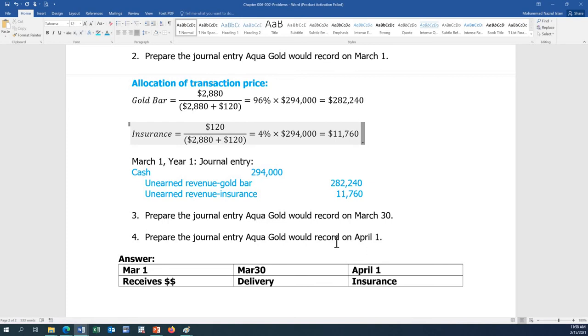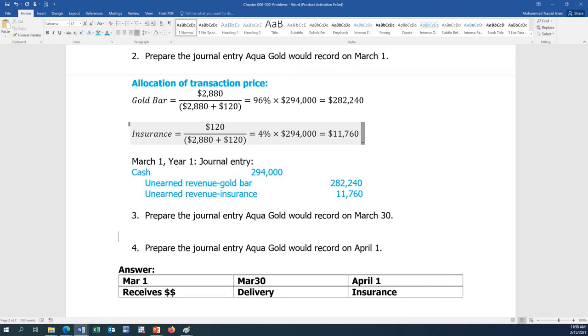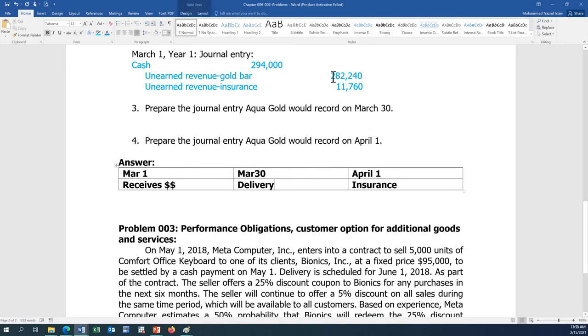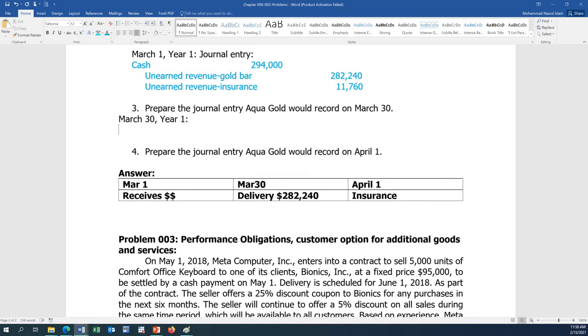Then prepare the journal entry on March 30. What has happened on March? On March we have delivered this amount of services, meaning we have delivered the gold bar. So March 30, year 1, unearned revenue 282,240.